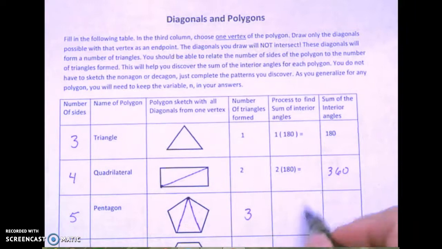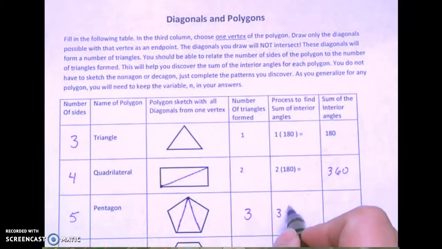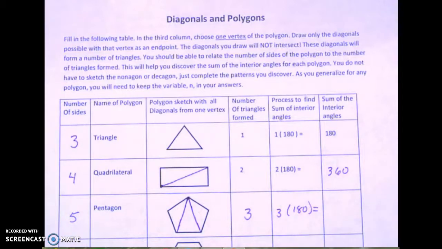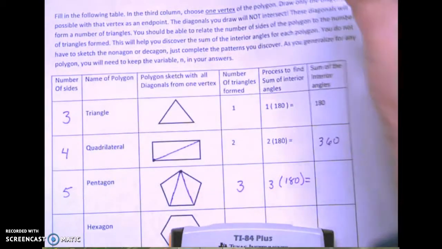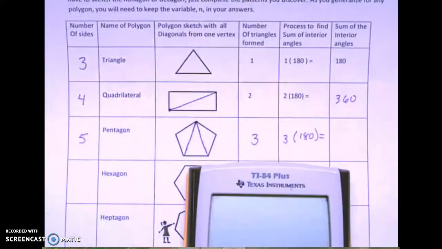So in my process column, I'm going to multiply that 3 times the number of degrees in a triangle and come up with that answer. I can't multiply very easily without a calculator. So I want 3 times 180, and that gives me 540 degrees.